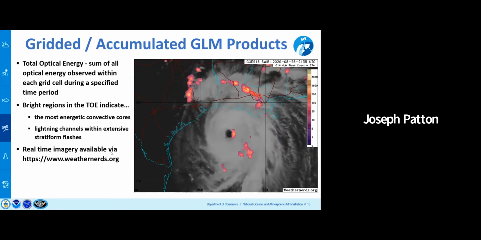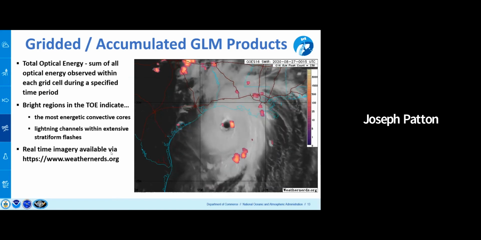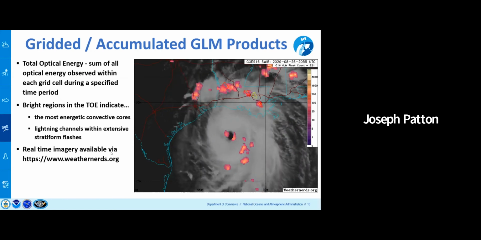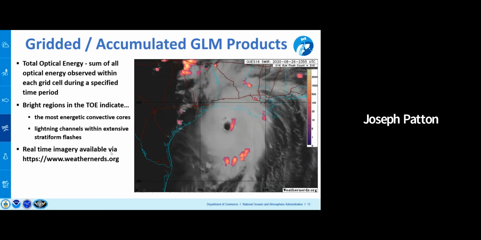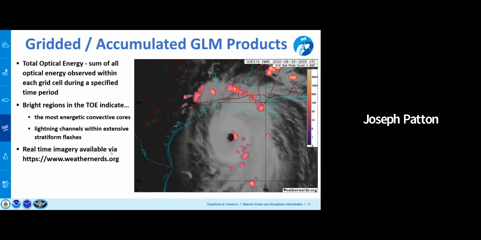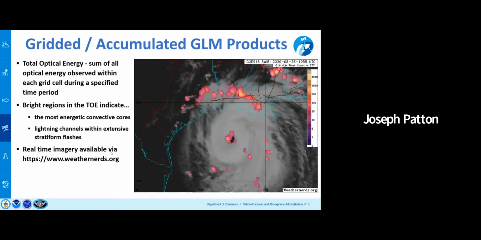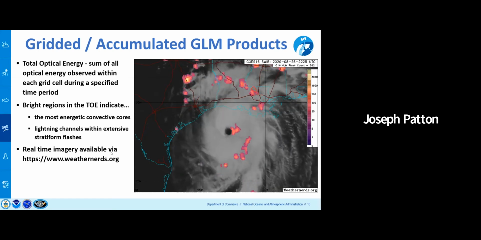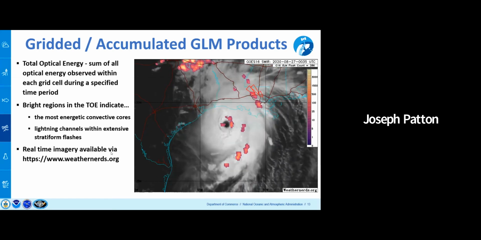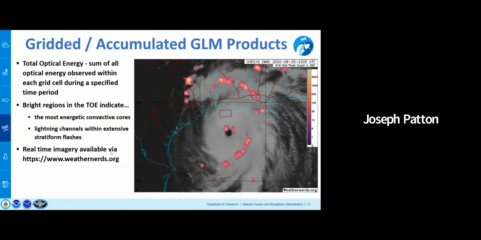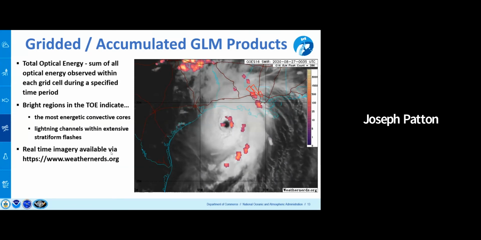So total optical energy is essentially telling you, regardless of how big or small the flash was, how much actual brightness or light was observed by the instrument from those flashes that occurred in that time period. And that's what TOE is expressing.